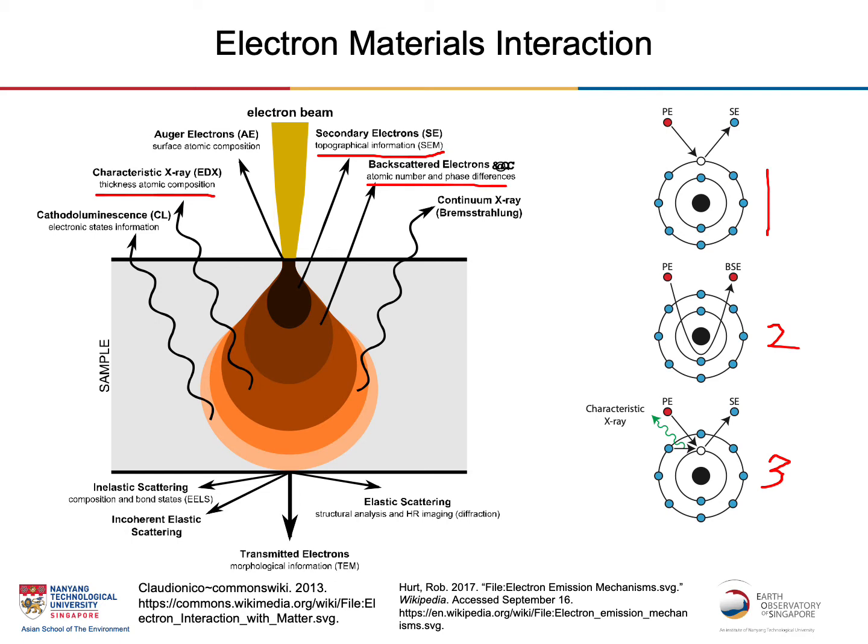So the energy that is being released is in terms of photon. It depends on what the element is. The wavelength of the photon is distinct and unique to a certain material, a certain element. So in geochemistry, we use this characteristic X-ray, which is the X-ray unique to a certain element, to identify what kind of element is present in the mineral or in the phase.